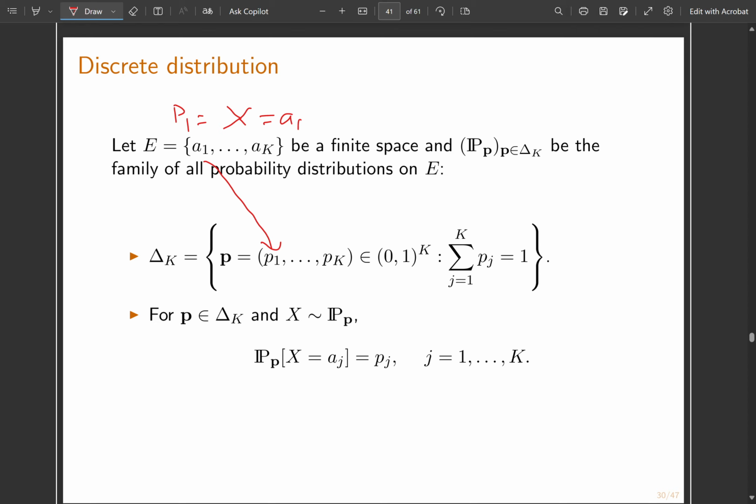And hence, since it's discrete, each probability is a PMF of all the possible values the x can take. Here x is a_i, there are k values x can take, and p_i is the probability of that.